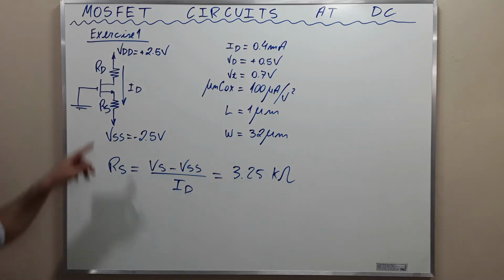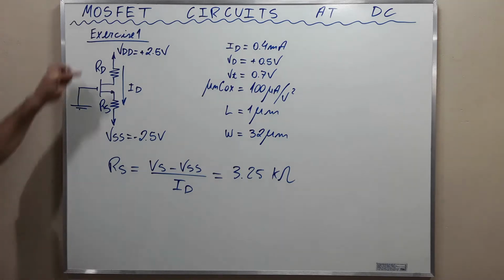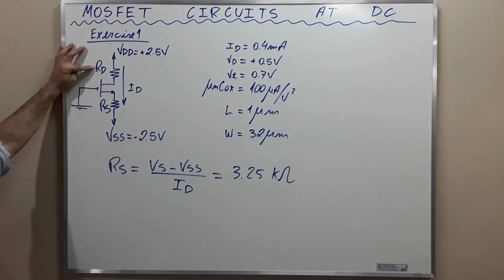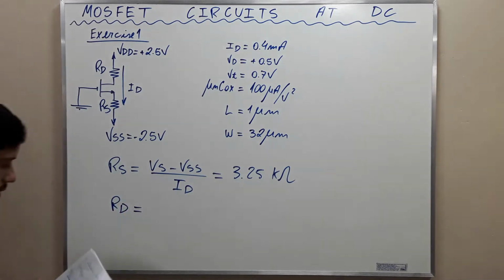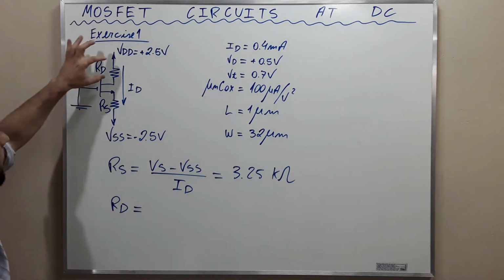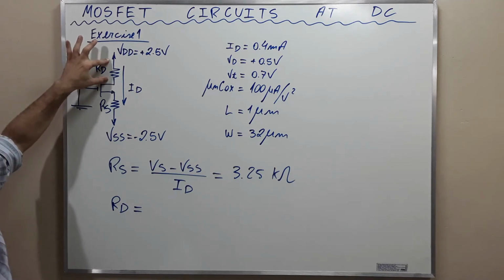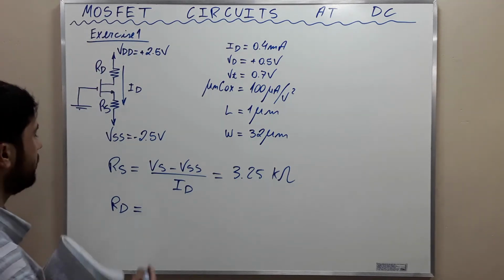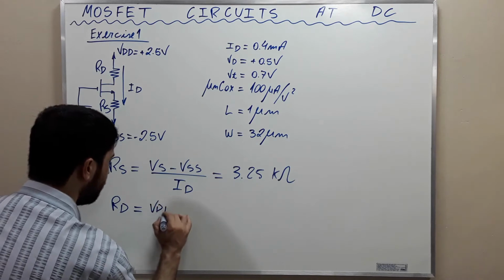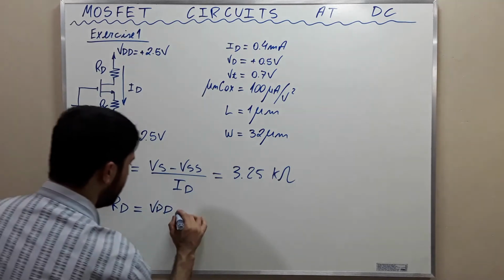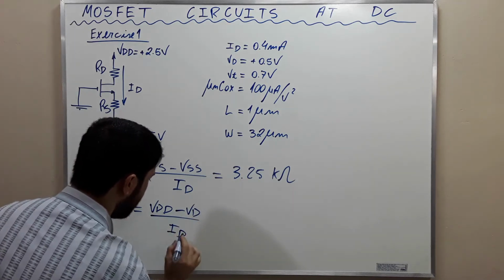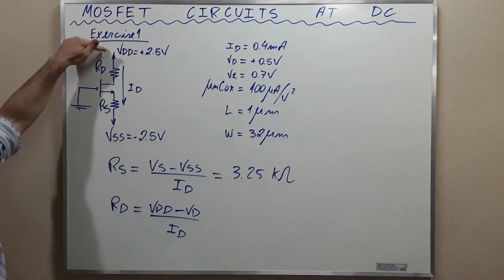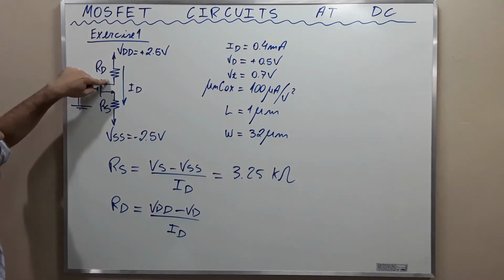Likewise, we can calculate RD. RD is here. RD is going to be equal to the voltage drop here on top of this resistance, which is VDD minus VD divided by ID. Okay? VDD is here, VD is here.